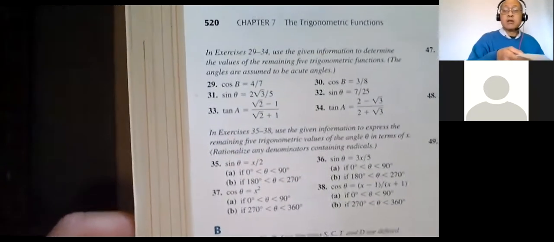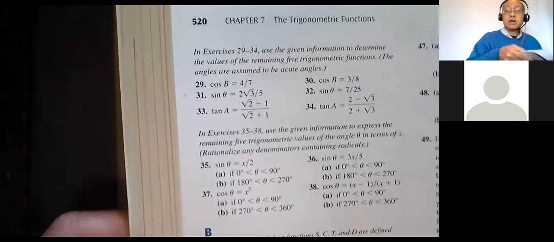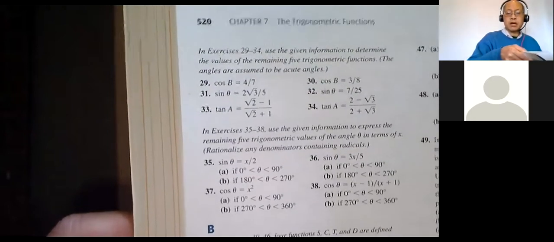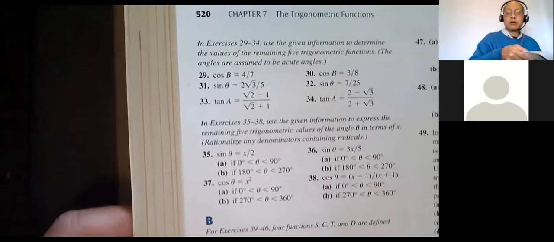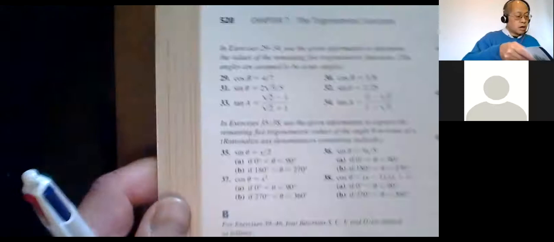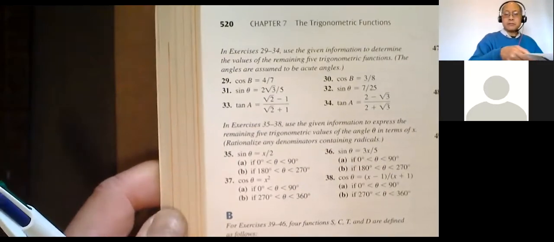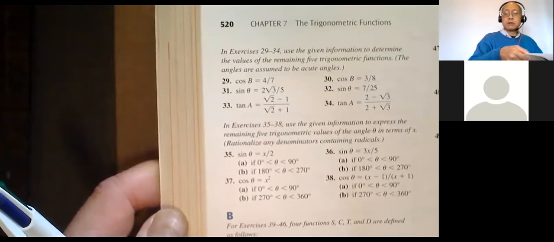Use the given information to determine the values of the remaining 5 trig functions. So I'll do 29. Tomorrow I'll do 33 and 37. Cosine of B is 4/7. It says the angles are assumed to be acute angles. That means they're all first quadrant.